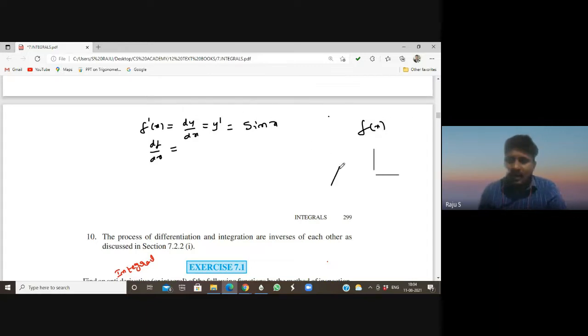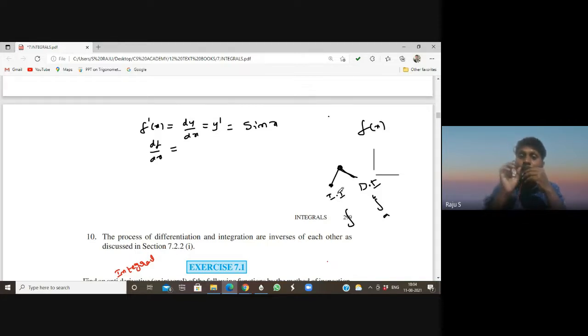In fundamental calculus, we are going to discuss two types of integration, as I told you: indefinite integration and definite integration. Indefinite means without limits, definite means with limits. Okay, right, students? With limits, this is called definite integration. Without limits, the integration is called indefinite integration.